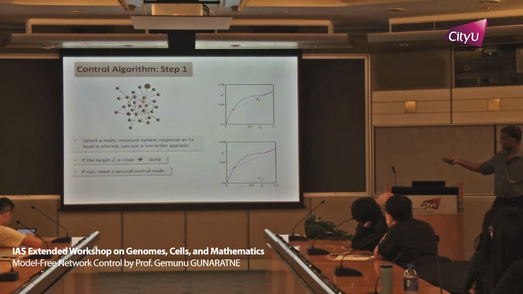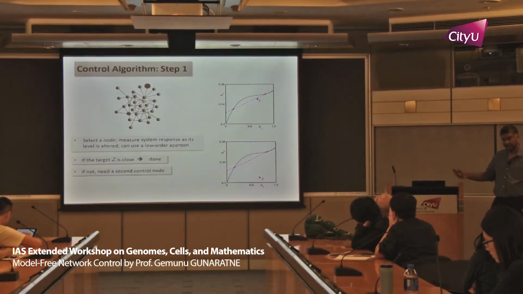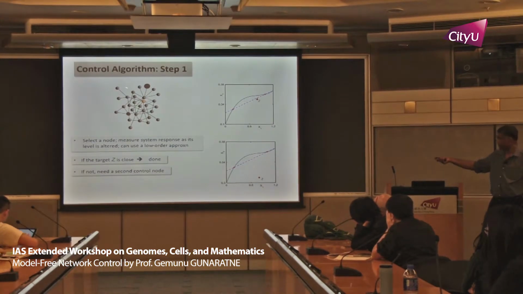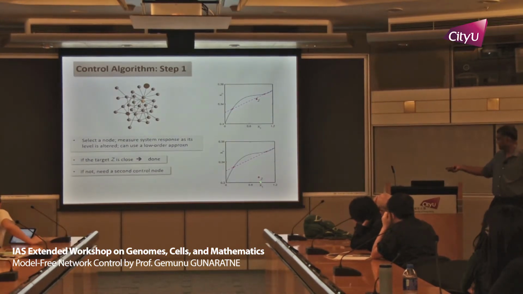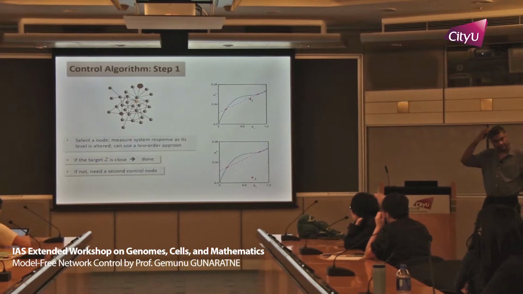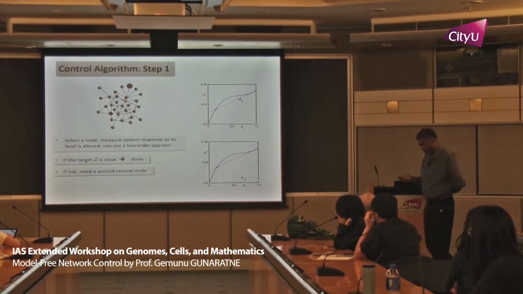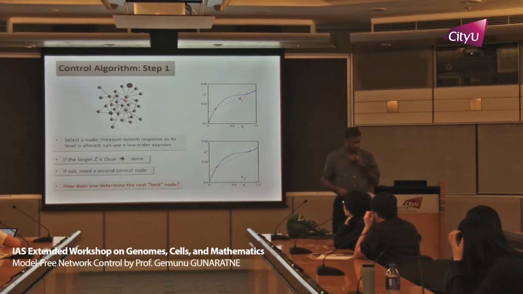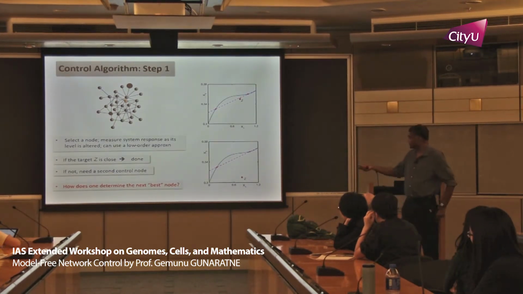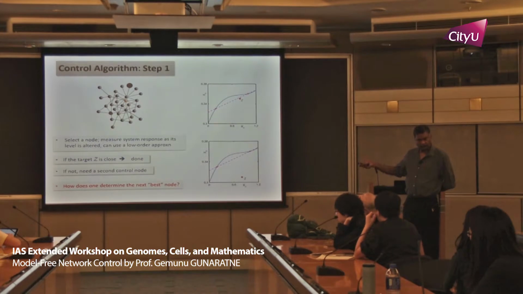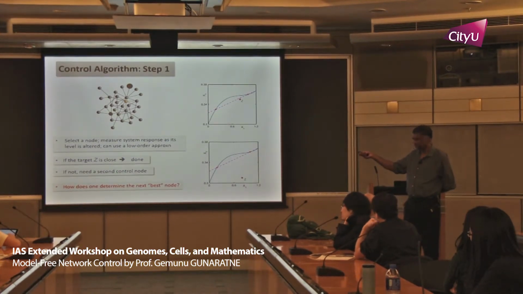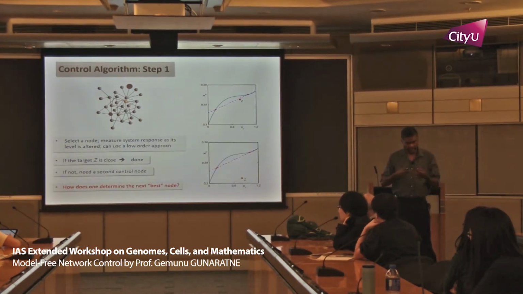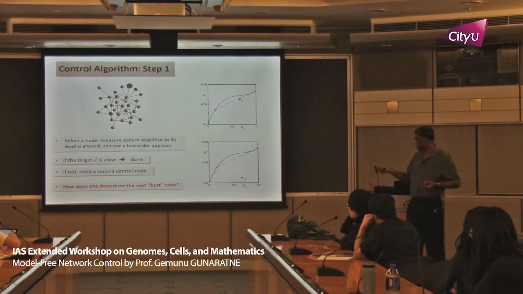So I need to be able to control at least one other, one or more genes in here, to be able to get close to the target. The question is, out of all of this, how do I pick the next one I want to change to get this control?